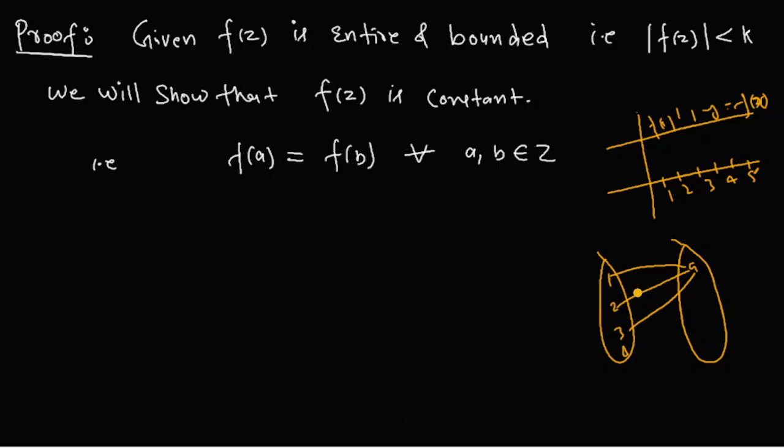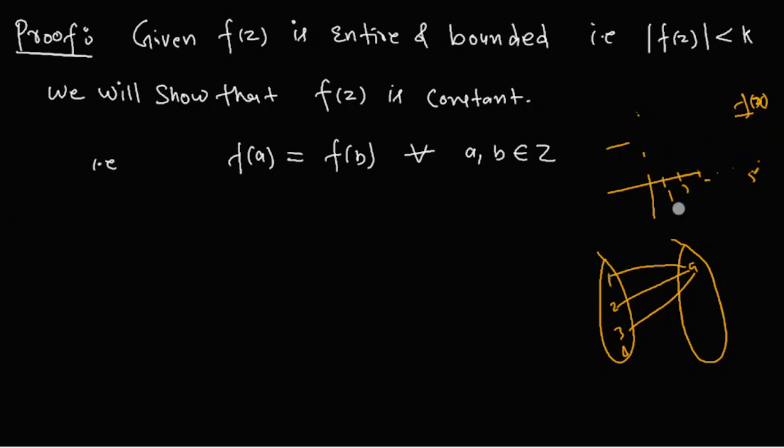So all points of the domain are mapped to a single point of the codomain. Or you can say simply, if f of a equals f of b, it means the images of the points a and b are equal for all a, b belonging to Z, where Z means the set of complex numbers, then you can say the function is constant. It's a simple definition of constant function. So we need to prove f of a equals f of b for all a, b belonging to Z, where z is a complex variable.